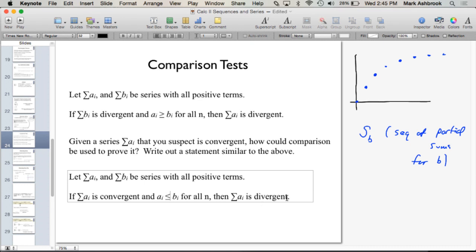And then we could say that the one we're testing, right? Let's think of the sequence of partial sums for the one we know leveling off like that, then the a_i would have to be less than that. In order to say definitively that the one we're testing is convergent, if all the terms are less than or equal to the terms of the b_i, then it would have to converge also, right? Because it would have to level off somewhere below where the one we know levels off.